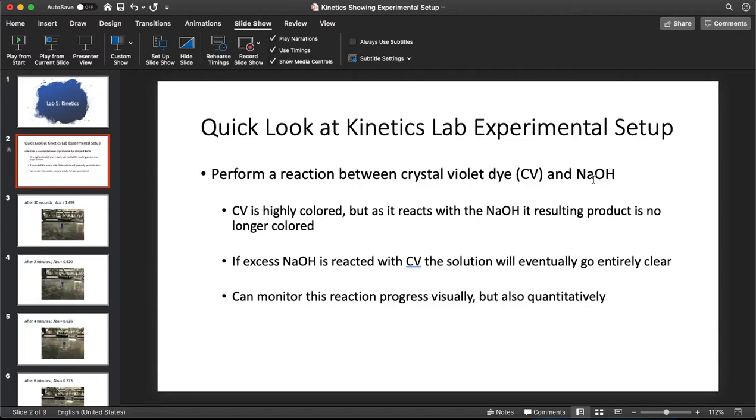And what that lets us do is use our absorbance data to figure out a reaction order for our crystal violet dye. So that's our starting point: we want to figure out, is crystal violet in this reaction a 0th, first, or second order reactant in terms of how its concentration is going to affect our reaction rate? So how do we go about actually figuring that out?